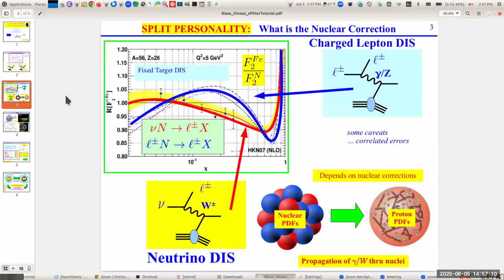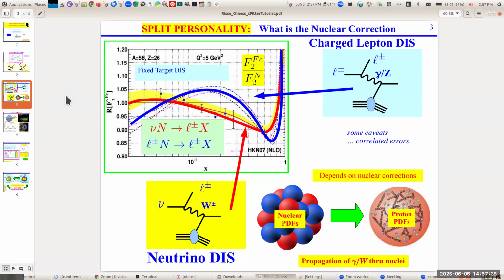And when we did that, for charge current, neutral current measurements, we got different curves, the red and the blue. And so I refer to that as a split personality problem. What's the correct nuclear correction? So for example, if you do neutrino nucleon to a charged particle, that involves a charge current, you get the red curve, whereas if you do a neutral process where you say an electron in, electron out, that gives you the blue curve.